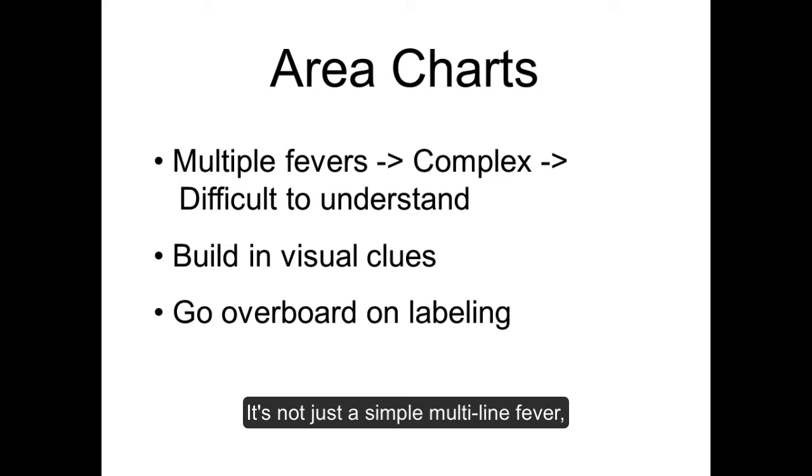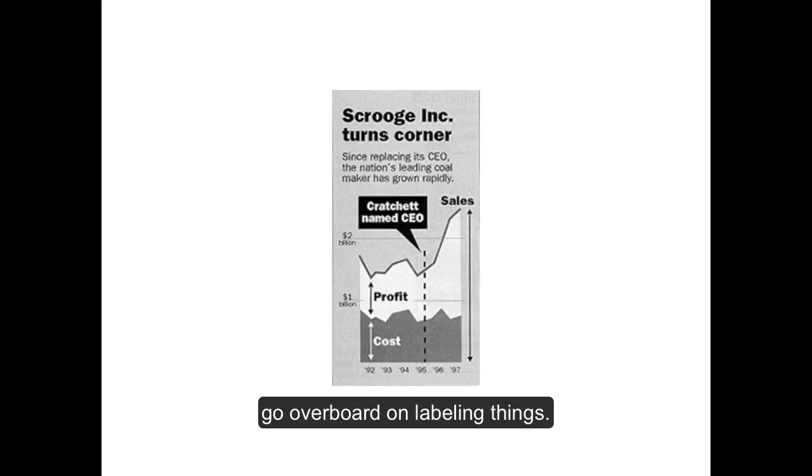It's not just a simple multi-line fever, and sometimes you have to go overboard on labeling things. So you want to make sure you're simplifying that data, like always. You want to make sure you label it, and you might want to consider separate fevers or pies to explain this a little bit more.